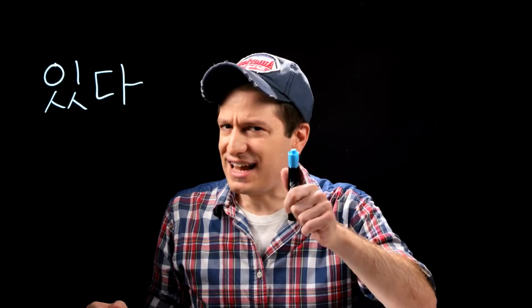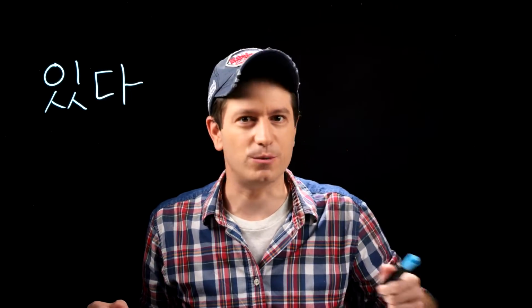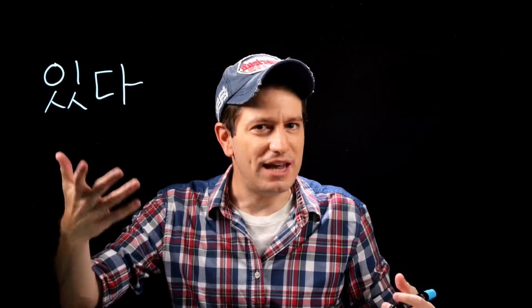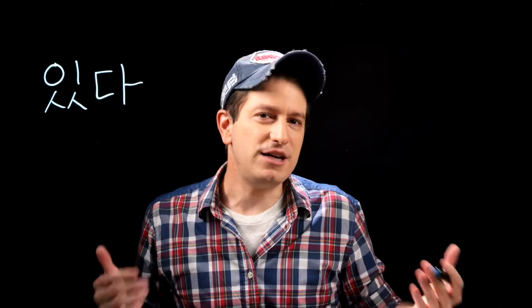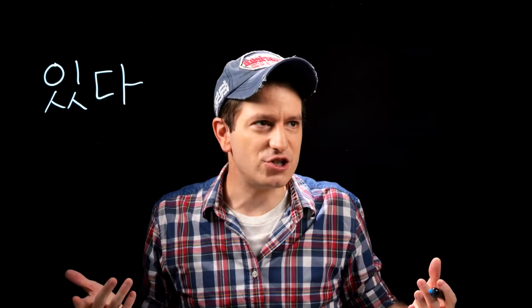However, in the plain form, you do conjugate things differently whether they're a descriptive verb or an action verb. So in the plain form, the descriptive verb 있다, to exist, will simply conjugate as 있다. That's because descriptive verbs conjugating in the present tense are simply conjugated the exact same way as their dictionary form is, for the plain form anyway.